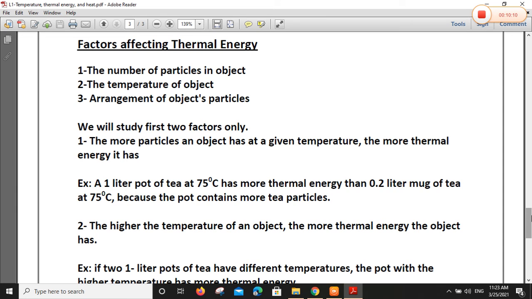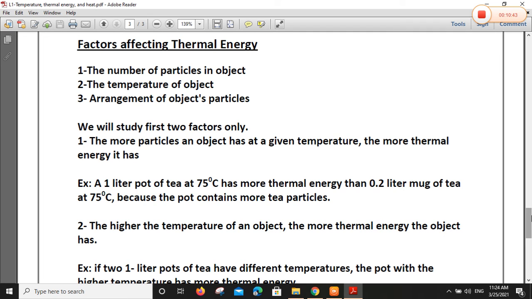Okay. The higher the temperature an object has, the more thermal energy. Also, 1 liter at 90 Celsius degrees and 1 liter at 50 Celsius degrees: the 1 liter at 90 Celsius degrees has more thermal energy than the 1 liter at 50 degrees.